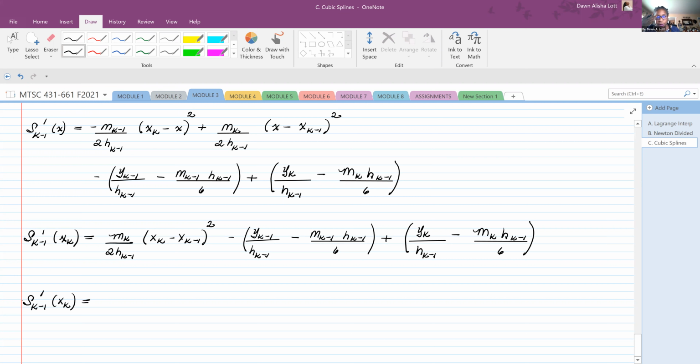This is the simplified version, guys, is M_k over 3 h_{k-1}, plus M_{k-1} over 6 h_{k-1}, plus y_k minus y_{k-1} over h_{k-1}.